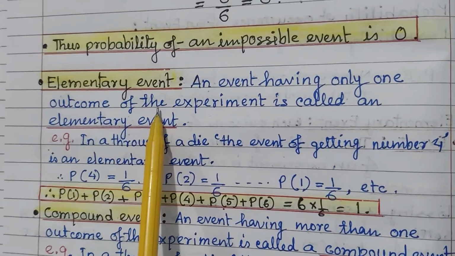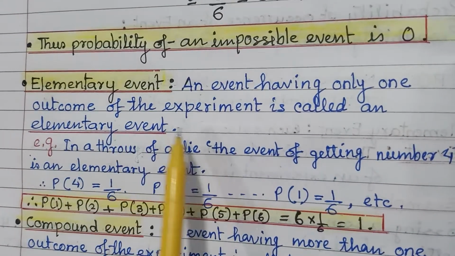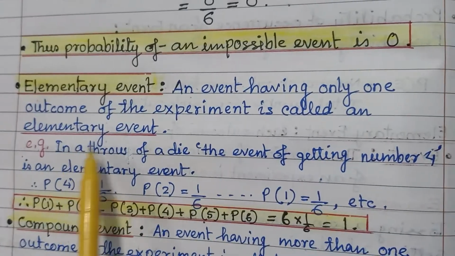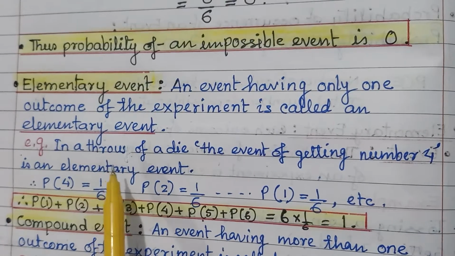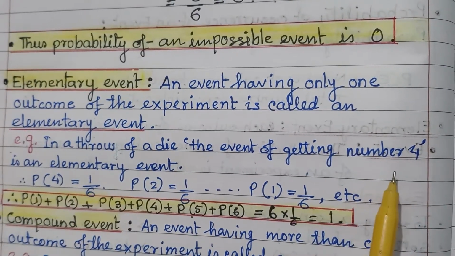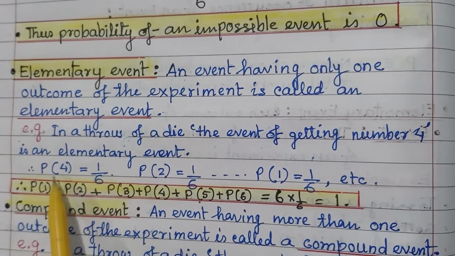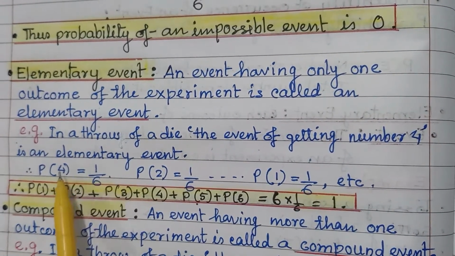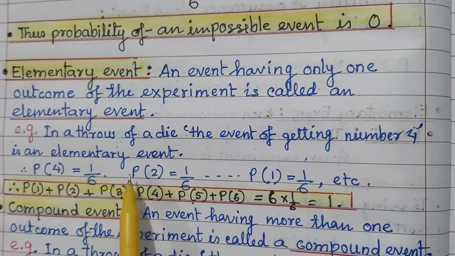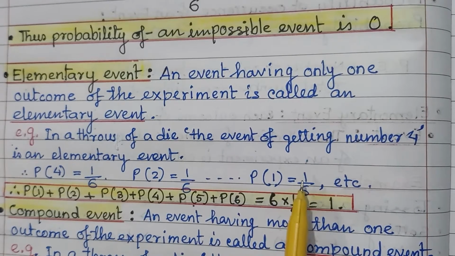Now, elementary event. An event having only one outcome of the experiment is called an elementary event. In a throw of a die, the event of getting the number 4 is an elementary event. The probability of 4 is 1 upon 6, the probability of 2 is 1 upon 6, the probability of 1 is 1 upon 6.